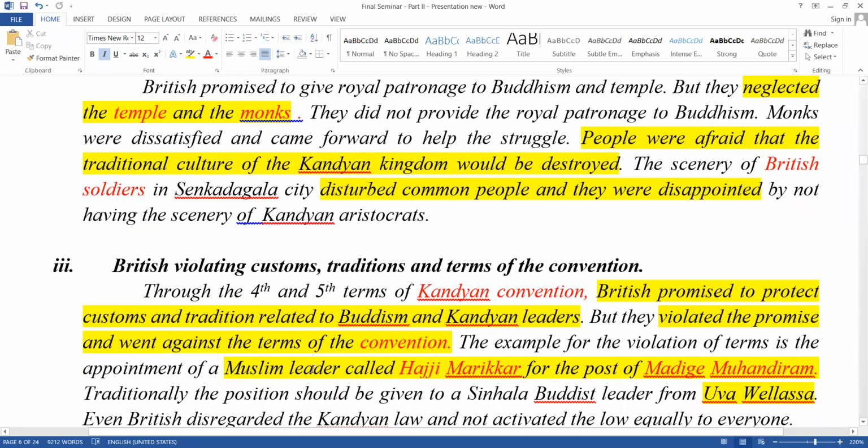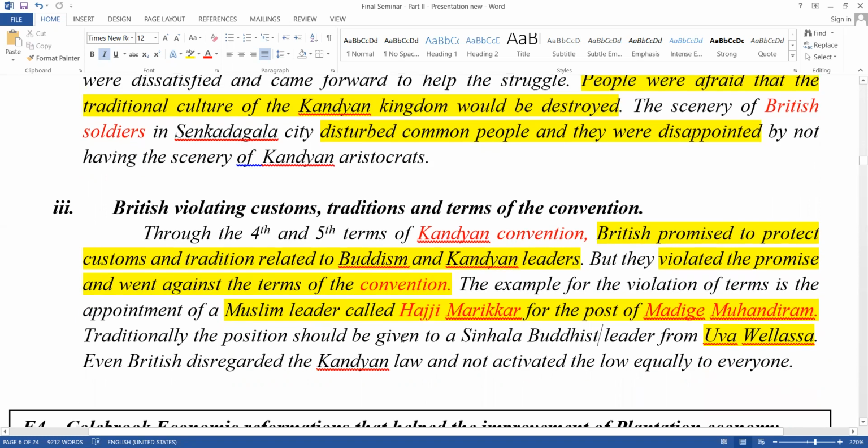They appointed a Muslim leader called Haji Marikar to the post of Madige Muhandiram. Traditionally, it should be given to a Buddhist leader from Uva-Wellassa. But they did not do that and appointed a Muslim leader. So that's why the struggle started from Uva-Wellassa. Violating customs, traditions, and terms of convention is the third heading.